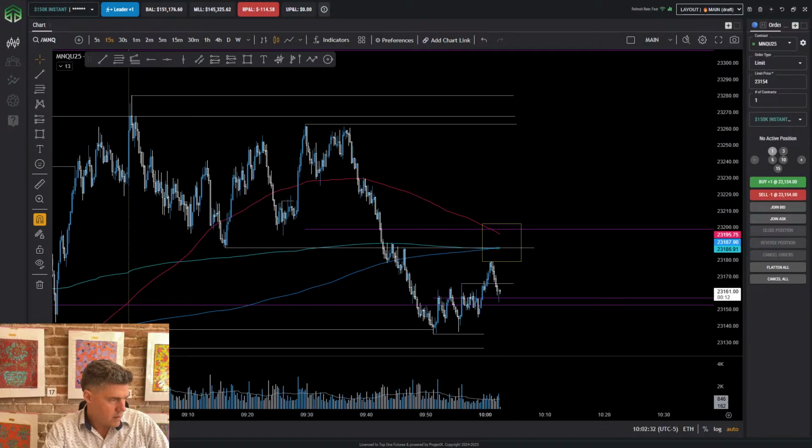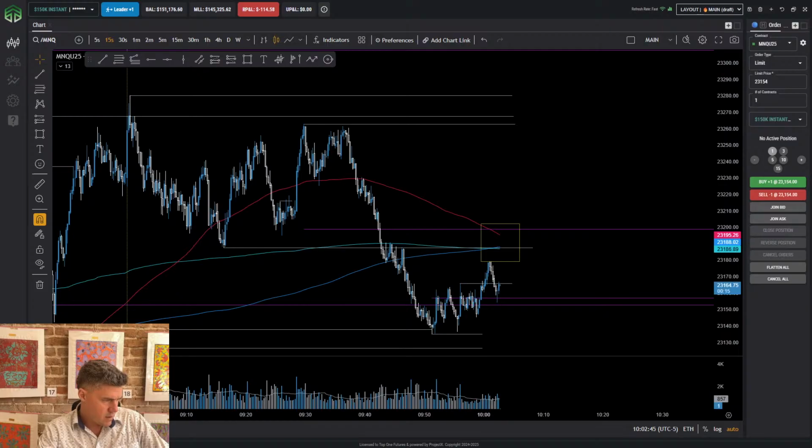Let's go to the hourly candles on the stonks. I watch the 7 biggest stocks in the NASDAQ. Apart from Meta, the hourlies all look bearish.